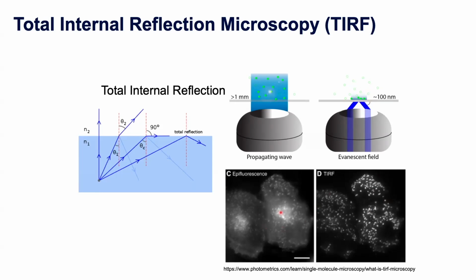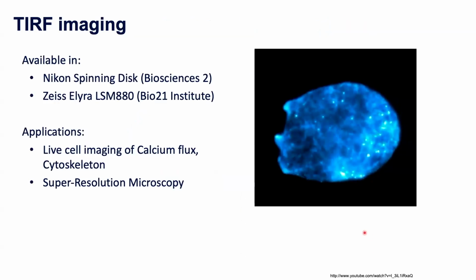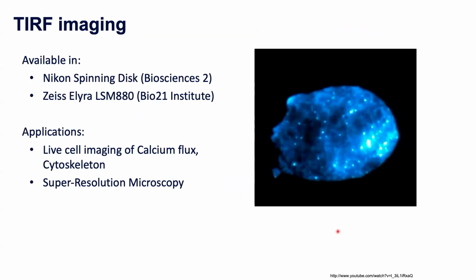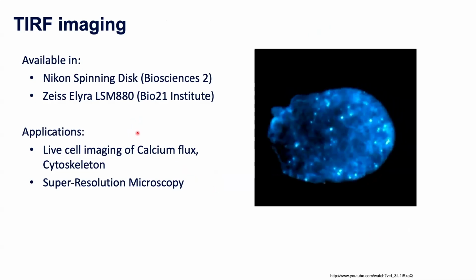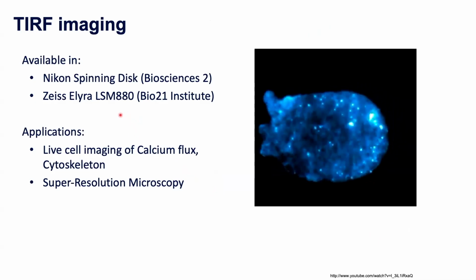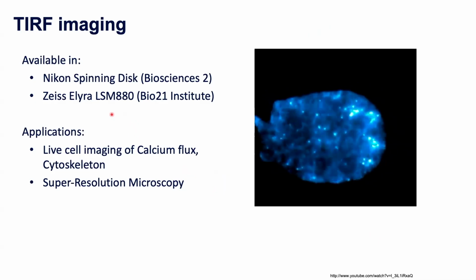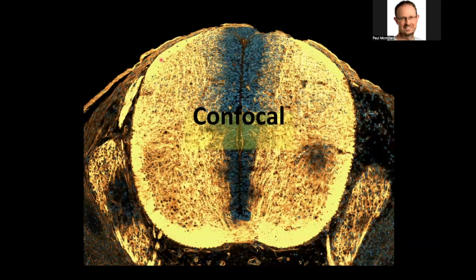And you can see an example here of an image taken in epifluorescence mode, not very much contrast, versus the TIRF mode, which is high contrast and also more gentle on our sample. So we have a couple of instruments available within our platform and a neighboring platform, which allow us to do that type of TIRF imaging.